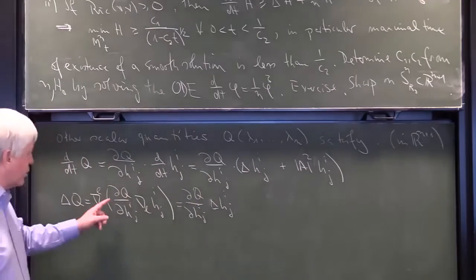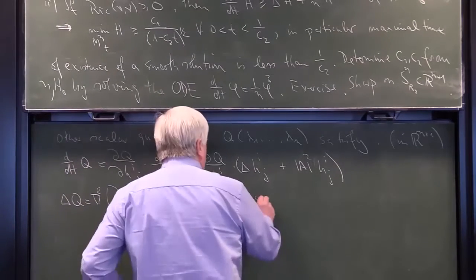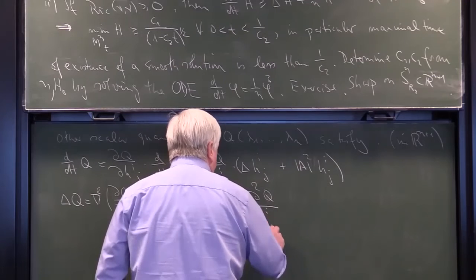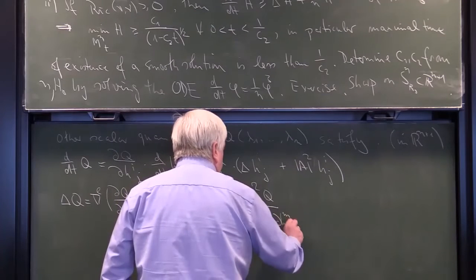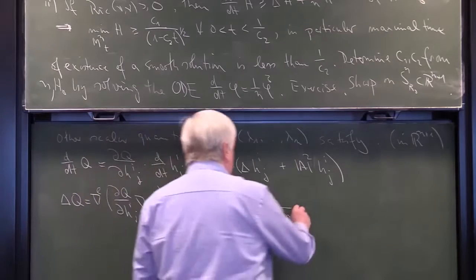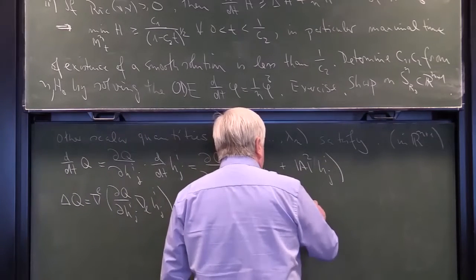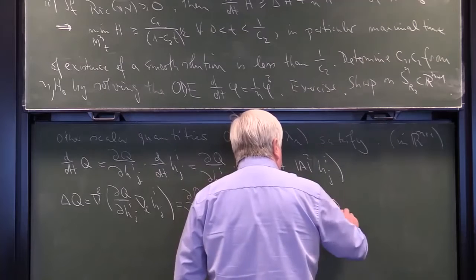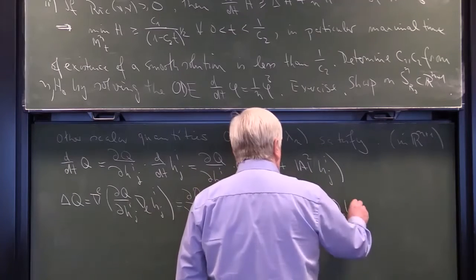And the extra term comes from the derivative of Q, so we get second derivatives of Q with respect to the second fundamental form, multiplied with gradient L Hmn times gradient L Hij.